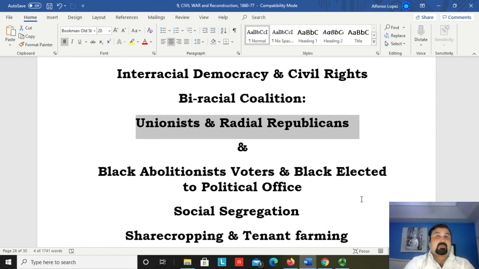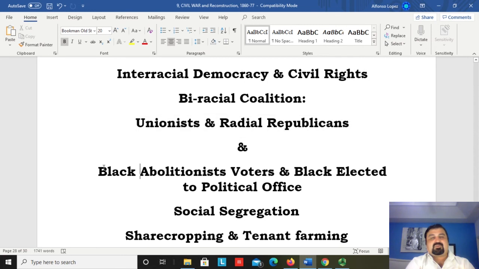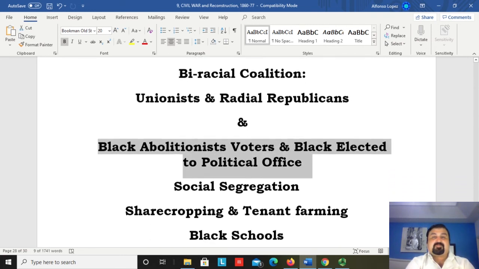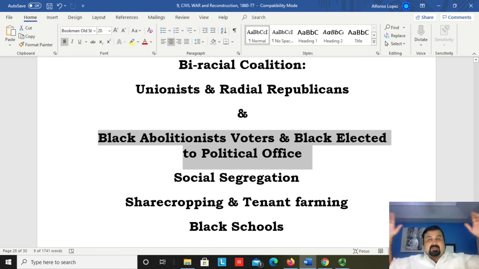They're going to become Republicans, and they're going to build a bridge and bring in another bloc of people in the South: the black abolitionists, the voters, the African American population, as well as those African Americans elected to political office.